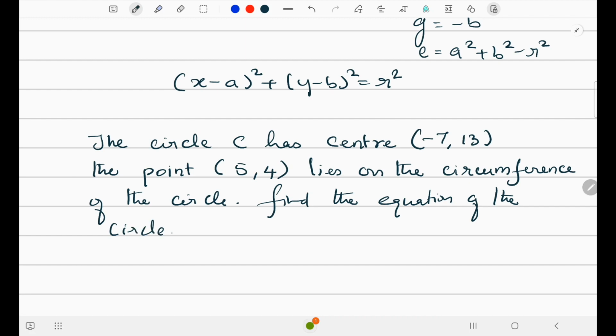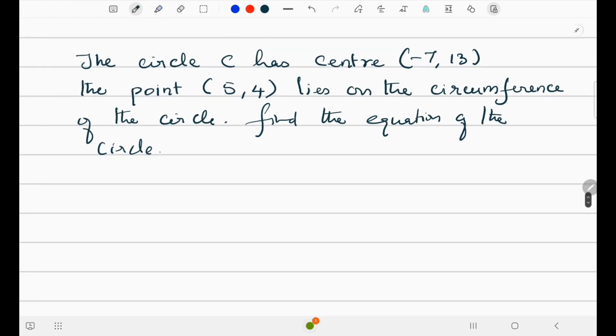Okay. Now, from the question, what do you understand? You understand that I have one circle. The circle's central point, suppose this is the center point, is -7, 13.